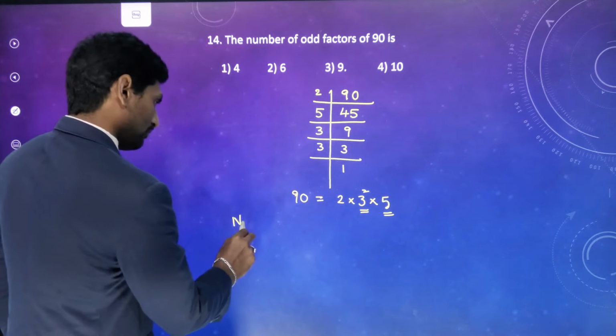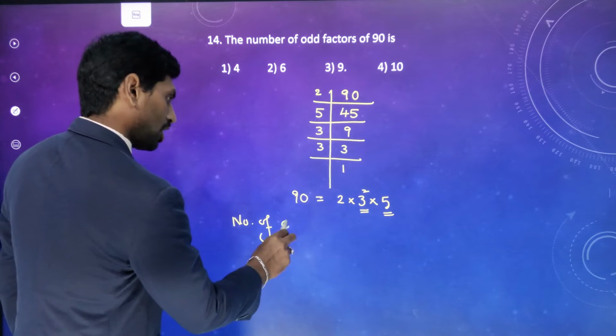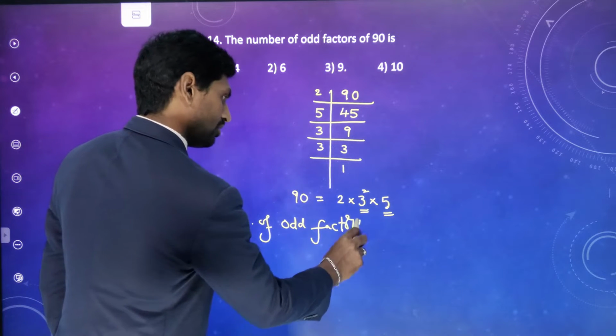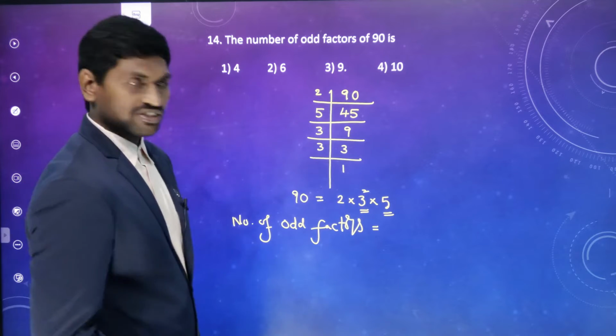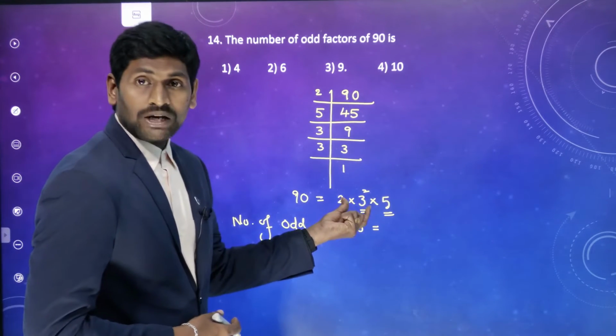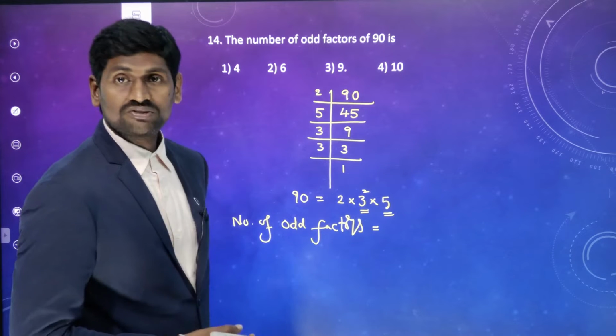So the number of odd factors equals, now let us consider only odd primes. The first odd prime is 3 and the second odd prime is 5.